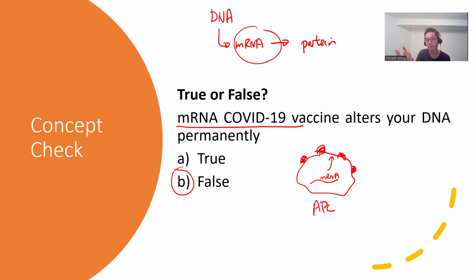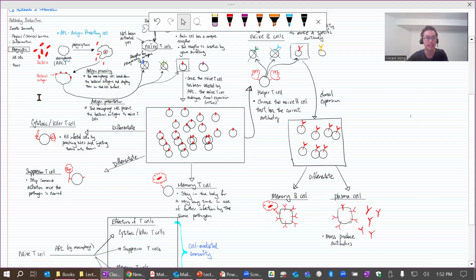The mRNA is actually surrounded by a lipid coating. Okay, as you learned, the cell membrane allows hydrophobic stuff to go through, right? So that's why the lipid surrounds the mRNA, to deliver it to the APC. Then the APC will have all these virus particles on the surface. Okay, it's the same process as this, the exact same process.